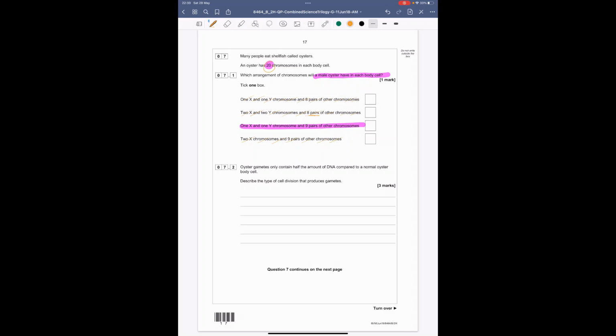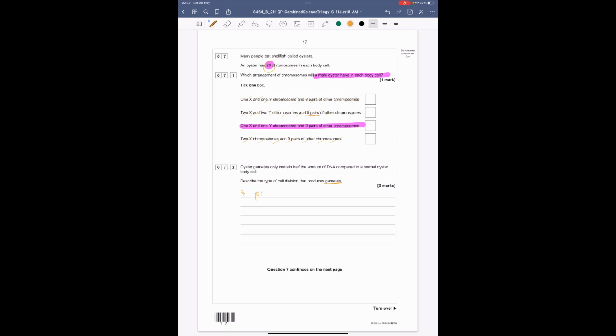Oyster gametes only contain half the amount of DNA compared to a normal oyster body cell. Describe the type of division that produces gametes. So just again, relate it back to humans. What do humans do to make their gametes? And it will be the same answer in terms of oysters.